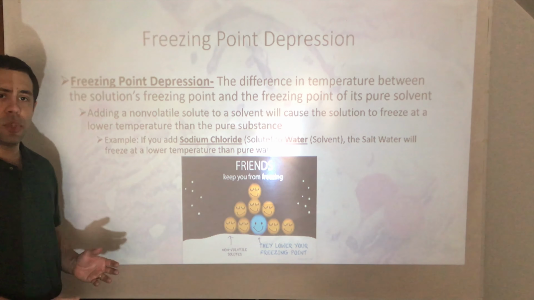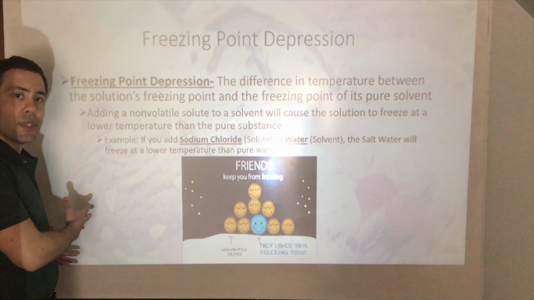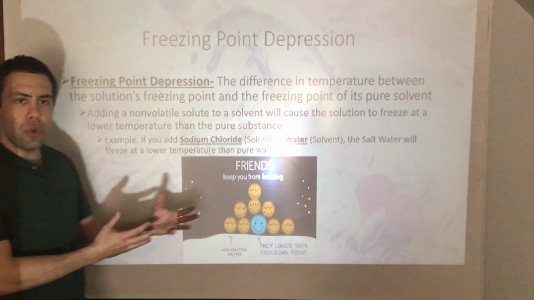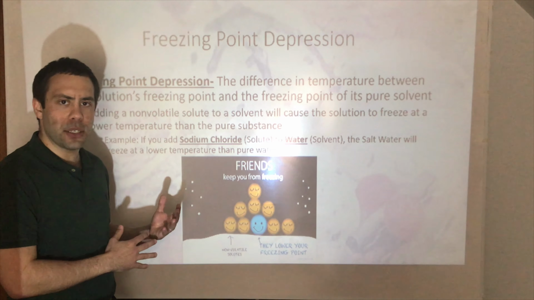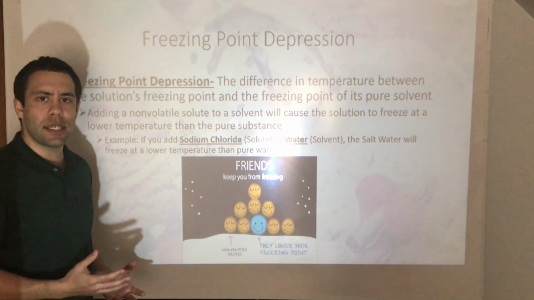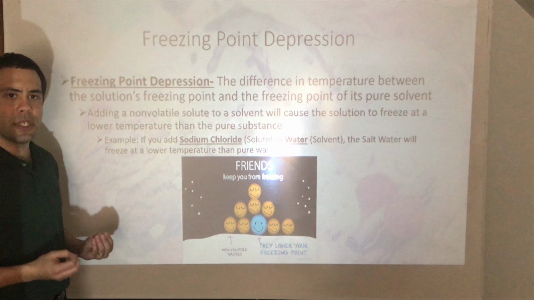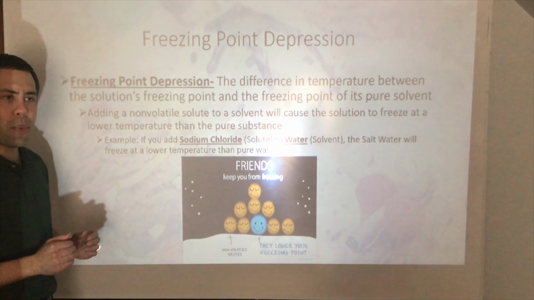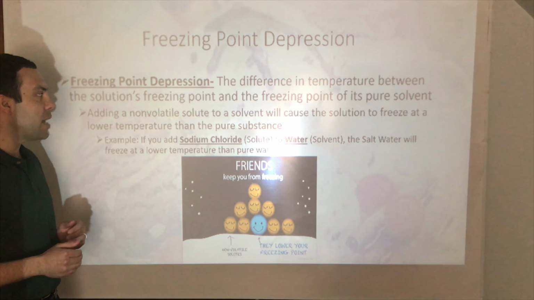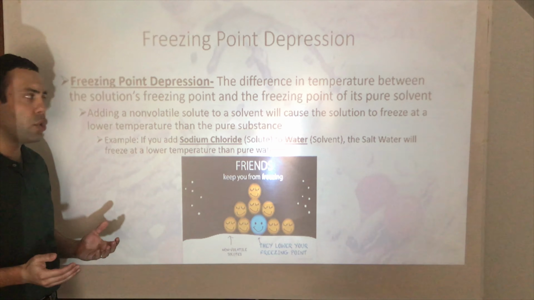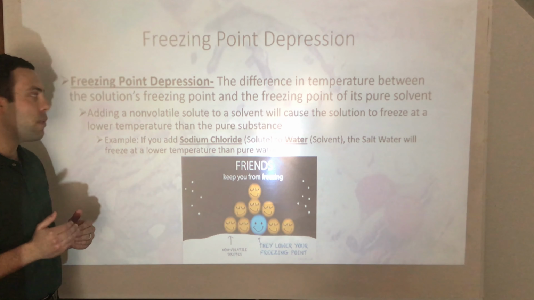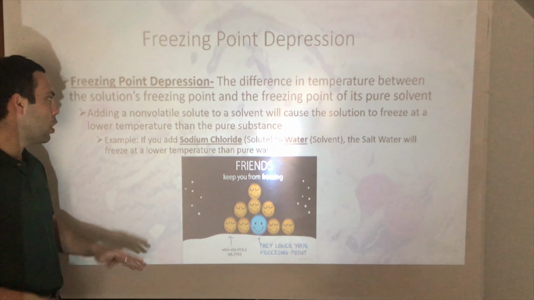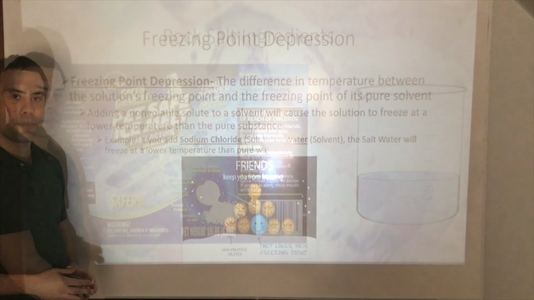So the difference between the pure solvent, which was 0 degrees Celsius, and the solution's freezing point, negative 6 degrees Celsius, 0 minus a negative 6, the difference is 6 degrees Celsius. And that works when we add any non-volatile solute to a solution. It'll cause the solution to freeze at a lower temperature than the pure substance.